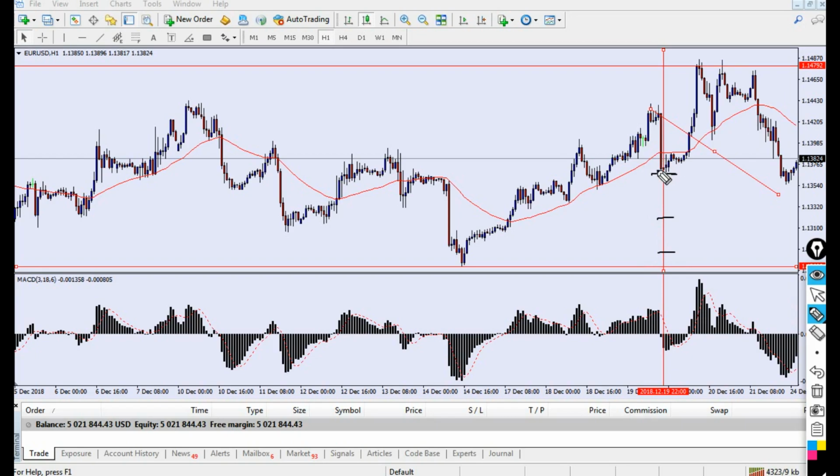So when I see this, now this is your experience, I wait for it. Let the market move back to the moving average. And yes, the market gives a clue here that it touches here, and then goes back. But you see after this, the market takes another up movement.